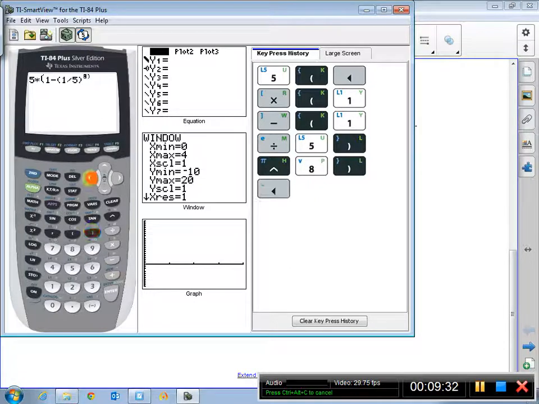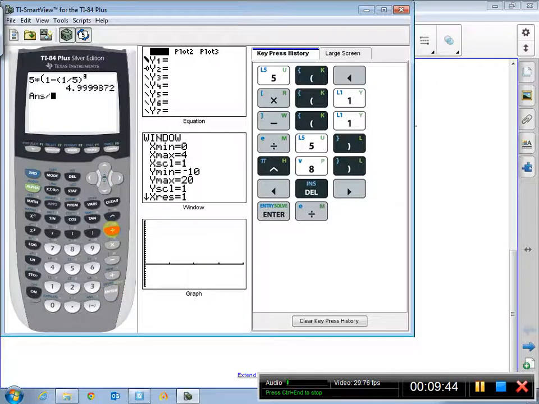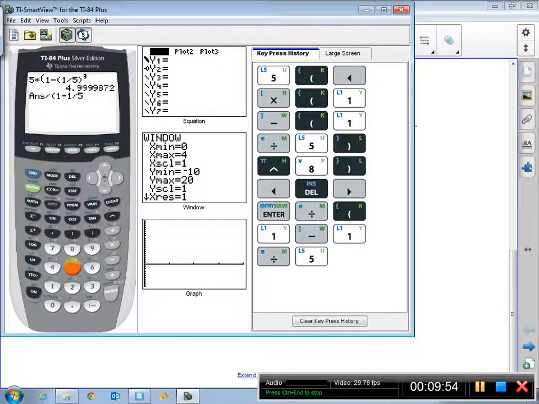Oops, that's my numerator. All right, there we go. I'm going to hit enter, that's my numerator. Divided by, and my denominator is, in parentheses, 1 minus 1/5. I can do it like this because of order of operations. 6.249984.